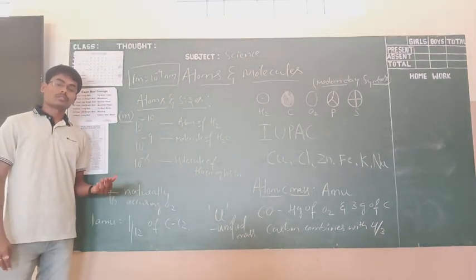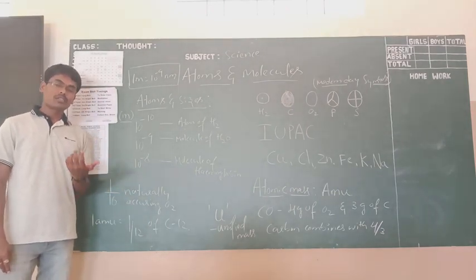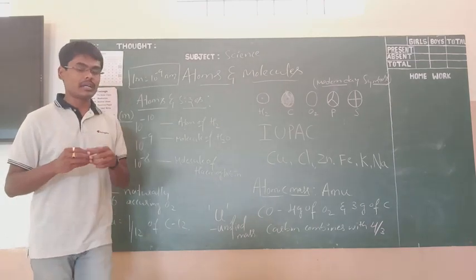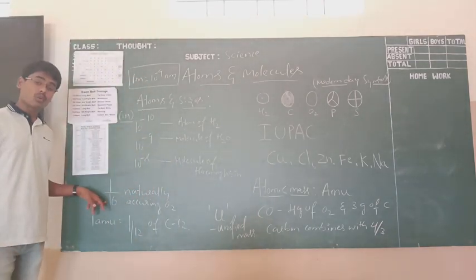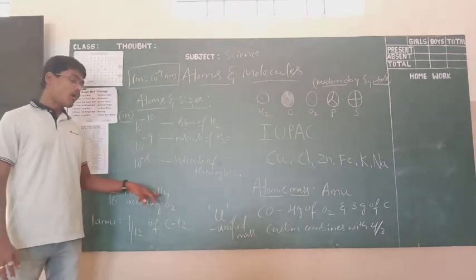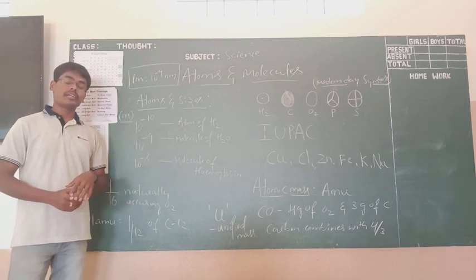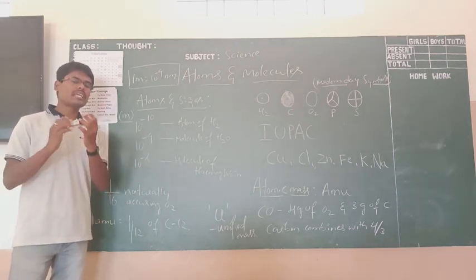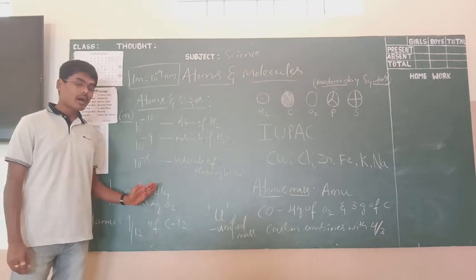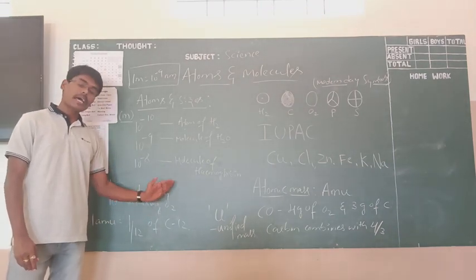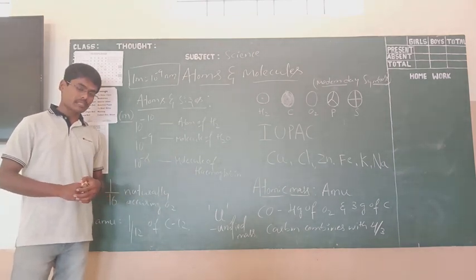To produce any kind of chemical substance, any kind of element or compound, you take anything, it requires 1/16th of the naturally occurring oxygen by mass.